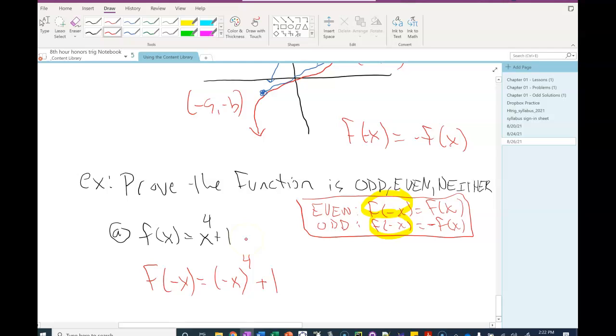If I take a negative and raise it to the fourth power, what do I get? Positive. So this negative x to the fourth becomes just x to the fourth plus 1. Notice that this is exactly f of x.